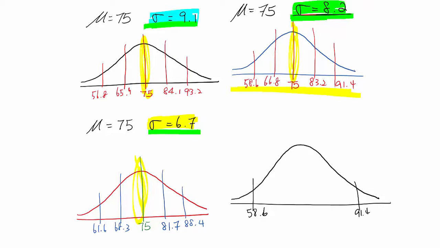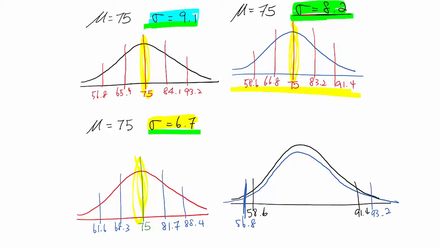But now the second one, which is 56.8 to 93.2. So it looks like maybe somehow like this, so that it covers between 56.8 to 93.2 here.